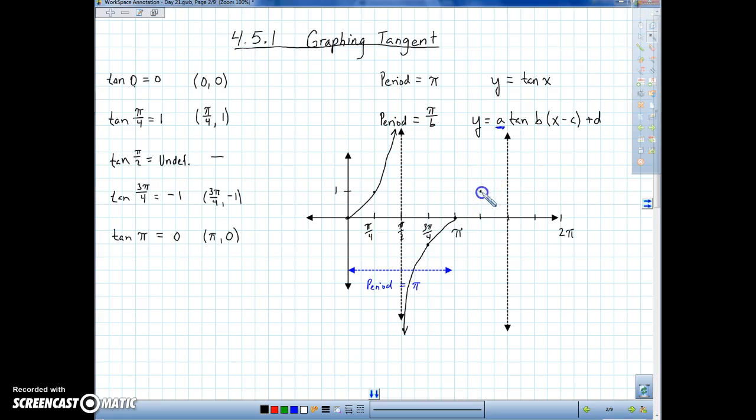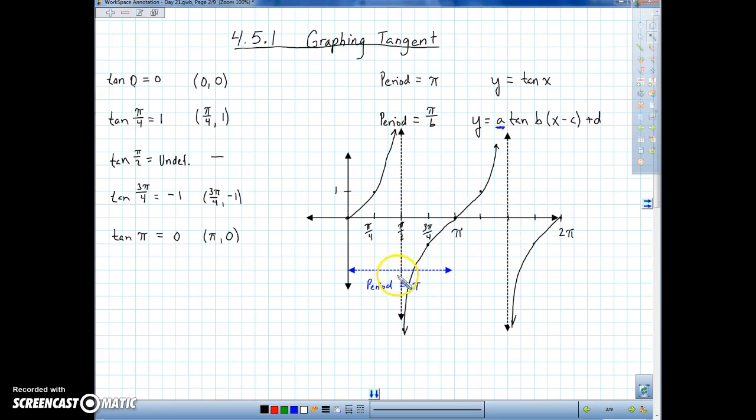And my coordinates will be right here at 1, at -1, and then I return to 0. So I'm going to continue the graph here, and then here as well. Okay, this would be 2 periods for tangent now, because we've completed the cycle once and then completed it again.